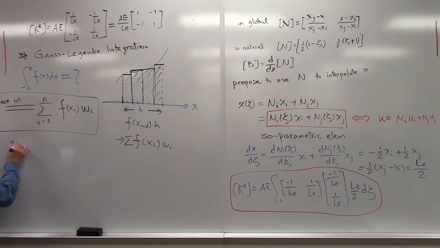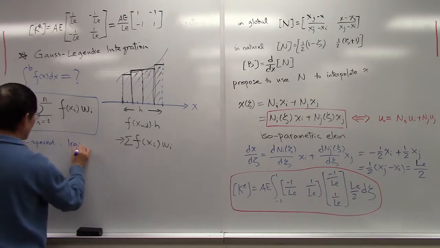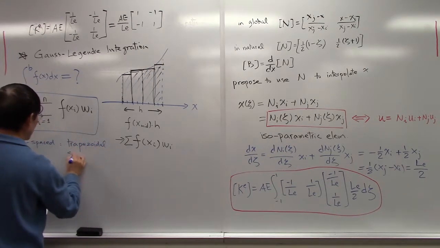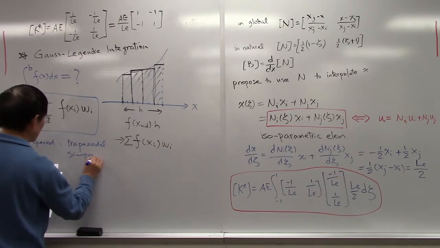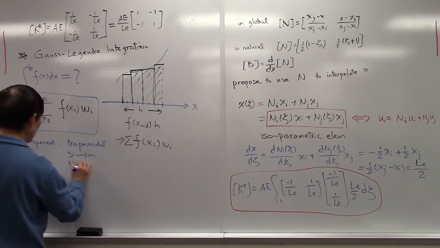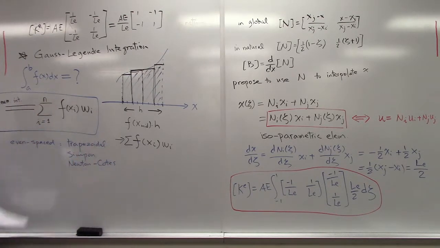So I will write it here: evenly spaced, like those trapezoidal, Simpson, and also Newton-Cotes formulas. They are all evenly spaced.